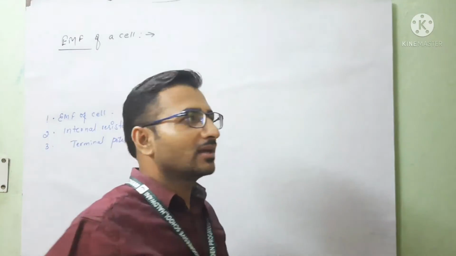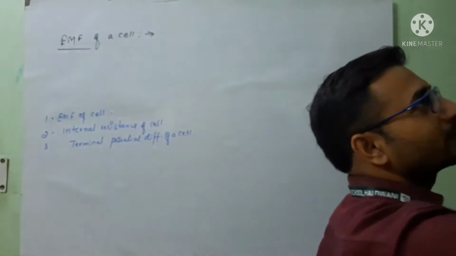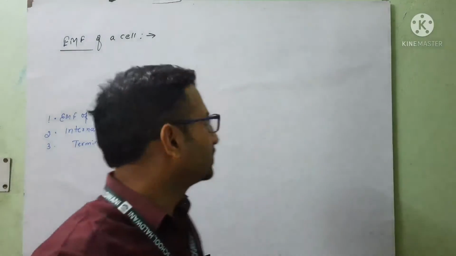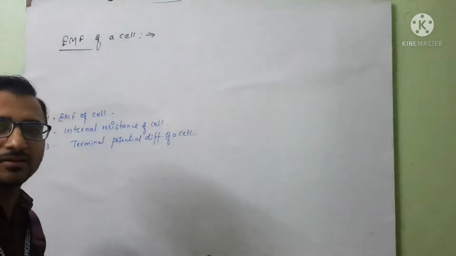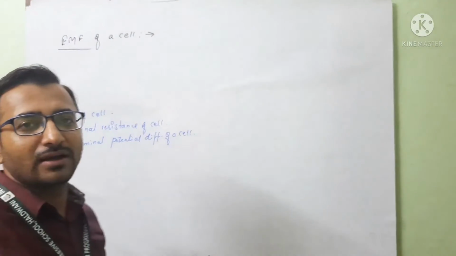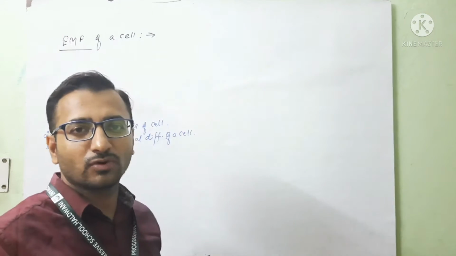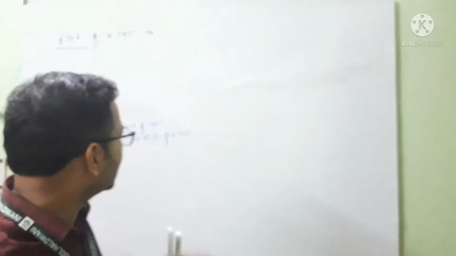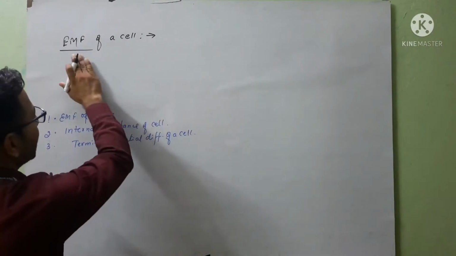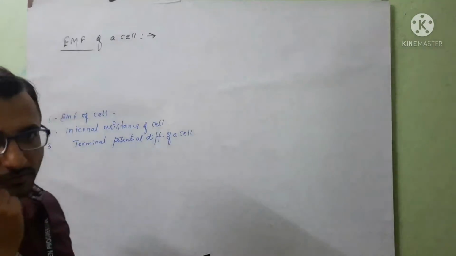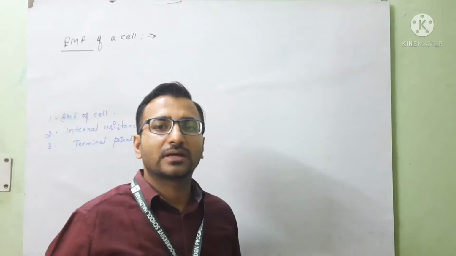It is the force which is used to move the current carriers in a definite direction. Because of this, the electric current will flow in the circuit. So EMF means the electromotive force acting on the current carriers.